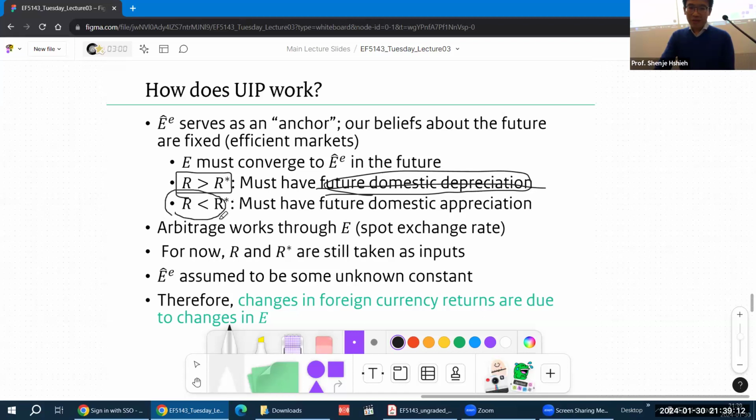Conversely, if you have foreign interest rates being more favorable, again, it can't be too good to be true. So you must have foreign currency depreciation, or alternatively said, domestic appreciation, to wipe out that extra interest rate return on deposits. Arbitrage should be in quotes, okay?